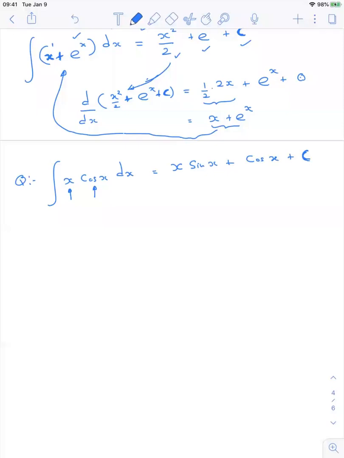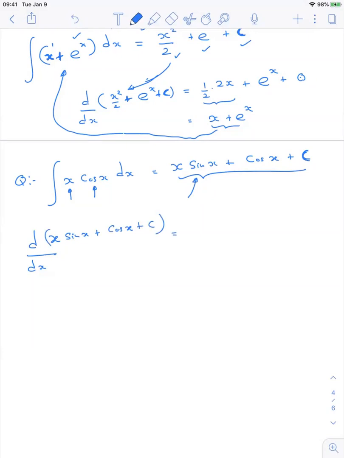And for the time being, let's look at the answer and differentiate the answer and see whether we can verify this, whether it is correct, right? So you have to differentiate this whole function. So that is x times sine x plus cosine of x plus c.